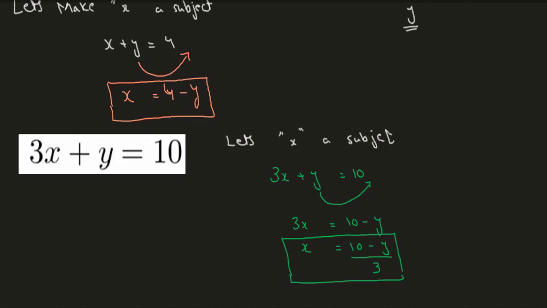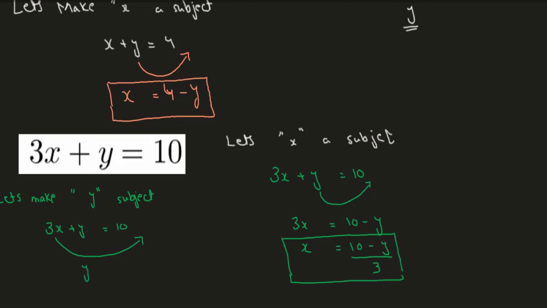Let's just suppose that the question was to make y a subject for the same equation. Okay, so 3x plus y is equal to 10. What I am going to do is take this 3x on the other side to isolate y.